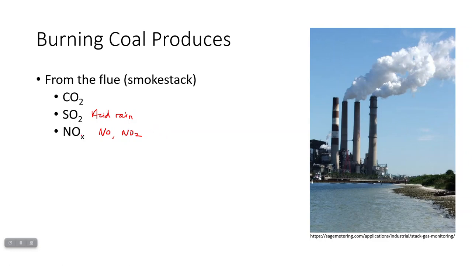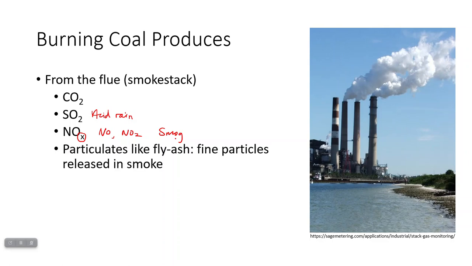So, as a general catch all term, we call them NOx's, and these can contribute to smog. And then particulate matter is released, little fine particles like fly ash that can be released in smoke that are also a contributor to air pollution.